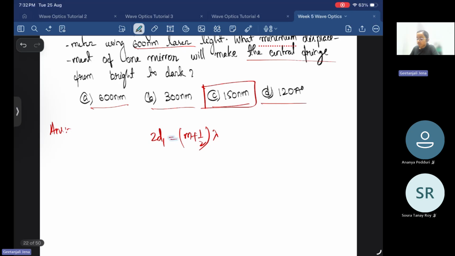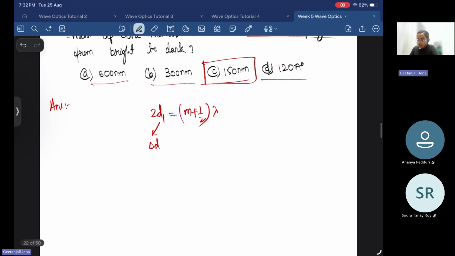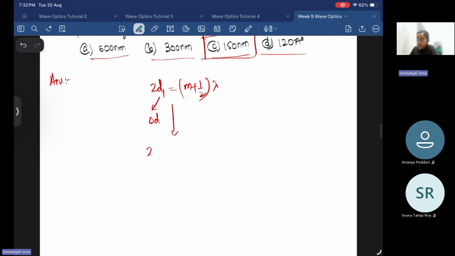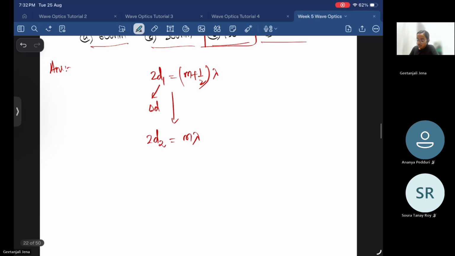Now let us say you are changing d by some delta d, either plus or minus, that we don't know. But let us say this is delta d we are changing. So that means after the change we'll see a dark fringe. So this new d will satisfy m lambda. So this would be d1 plus delta d.